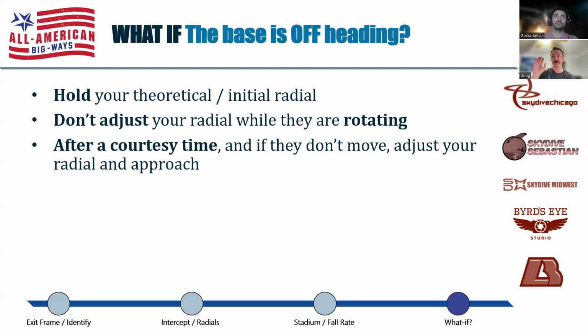Let it resolve itself. You're in the stadium, so you're in your happy place, watching everything before all of the chaos gets sorted out, and then you make the same approach. Find the base, find the heading, find your radial, move down the stadium into your approach.